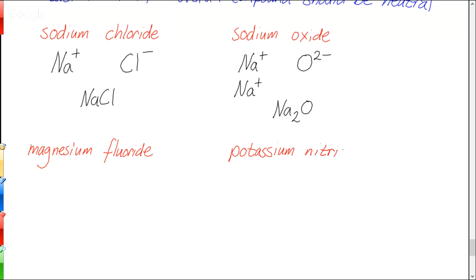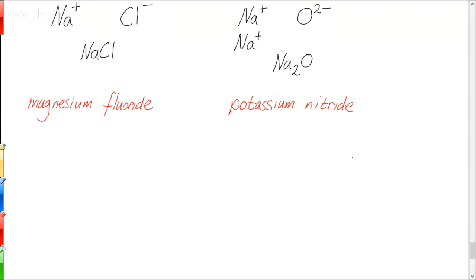Potassium nitride. If you have to look up some of these names to find the symbols, go ahead and do that. Just try not to look up the entire compound. See if you can build that on your own. And then finally, aluminum oxide. See if you can write formulas for those 3.